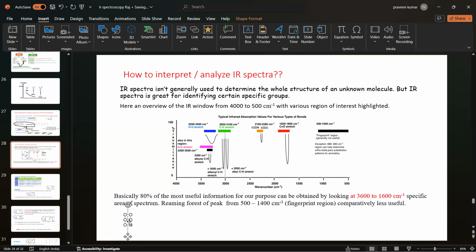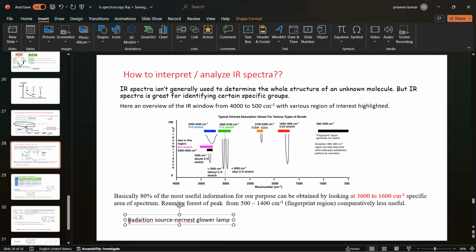Could you tell me which radiation source is used in the IR? The Nernst glower lamp, which is generally made up of the oxides of zirconium, yttrium, and erbium.